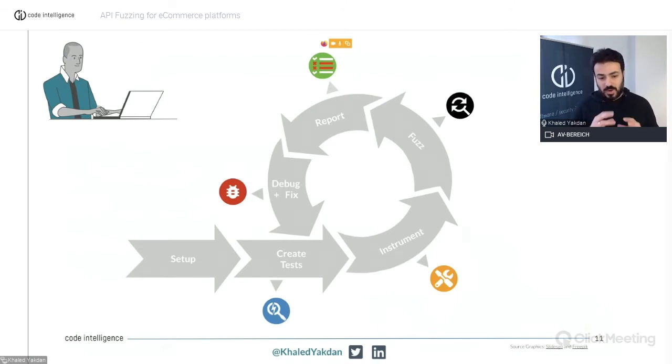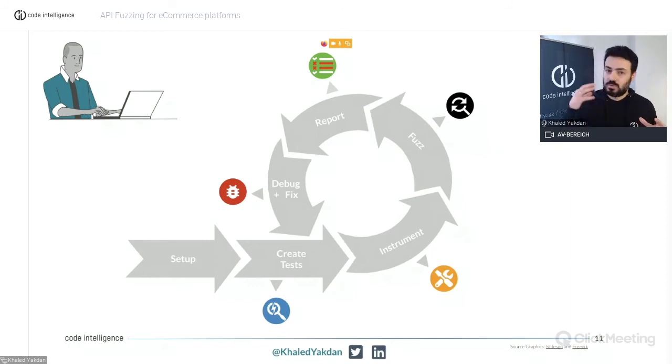In this diagram, we show the steps that ideally need to be done when fuzzing is integrated into your development lifecycle. You start with your setup and create your fuzz test.